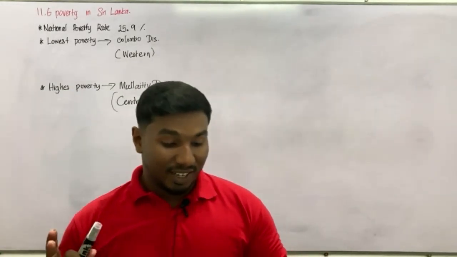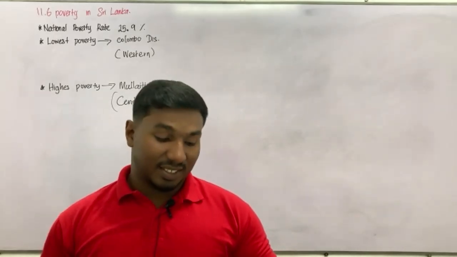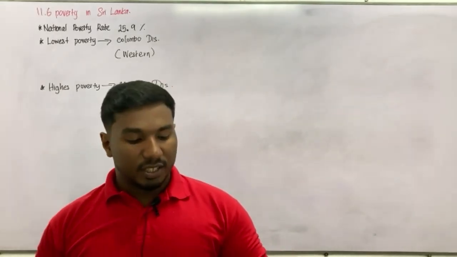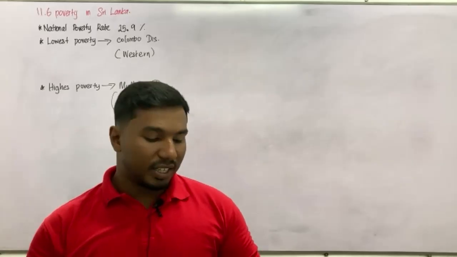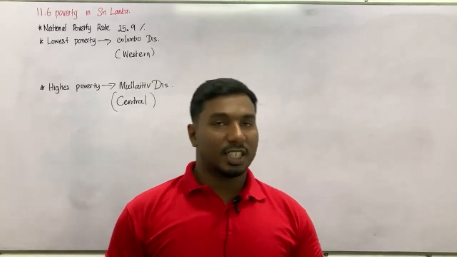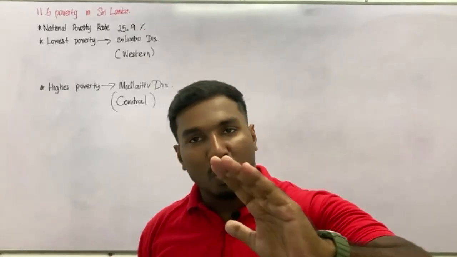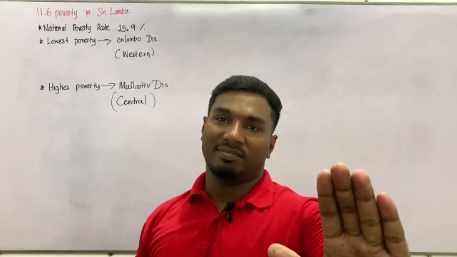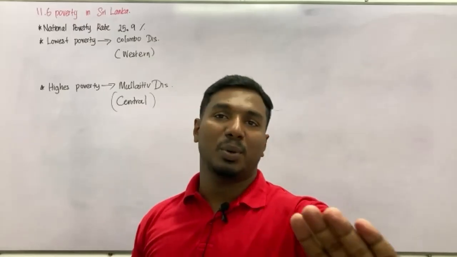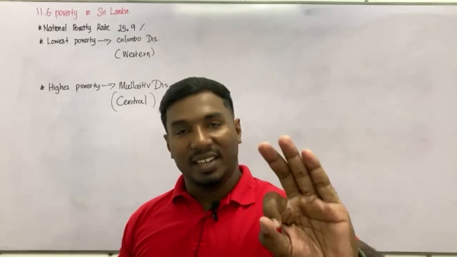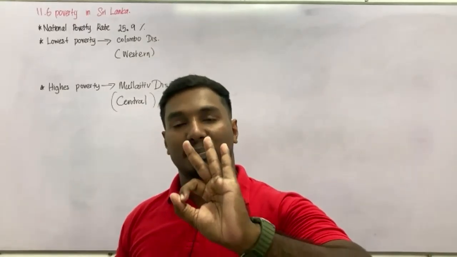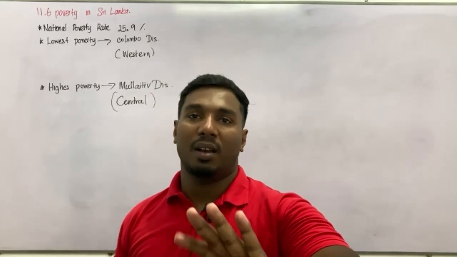Urban sector poverty is 15 percent, rural sector poverty is 26 percent, estate sector poverty is 63 percent, which means out of 100 people in the estate sector, nearly 63 are under the poverty line.